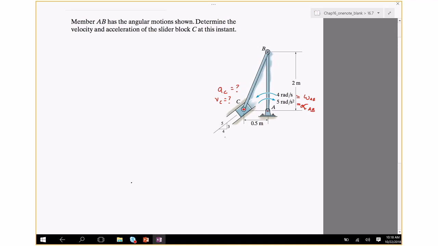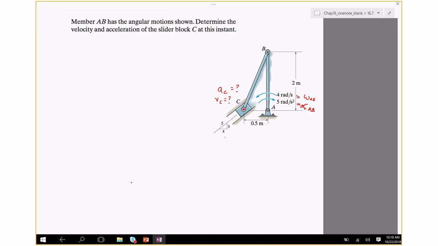So the key is, just like what we did for velocity analysis previously, we go from things whose velocities are known to things whose velocities are unknown. So in this case, we know the velocity of A is 0. Acceleration of A is 0 because it's fixed.